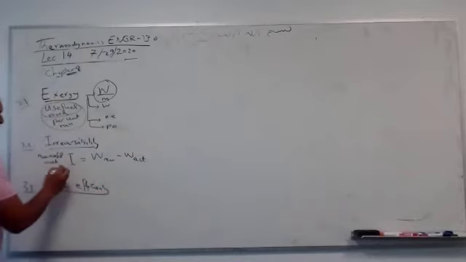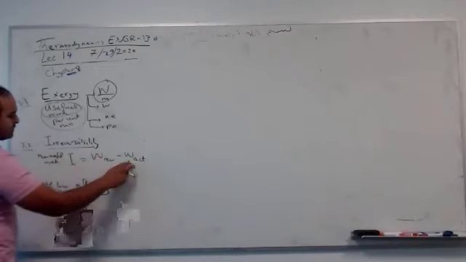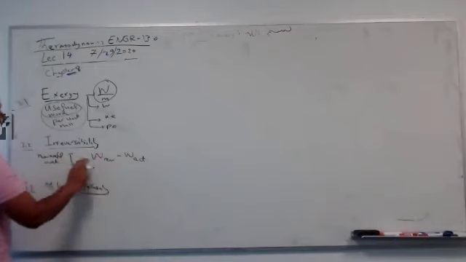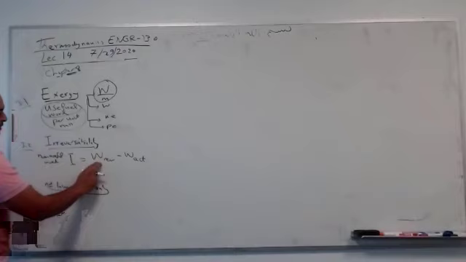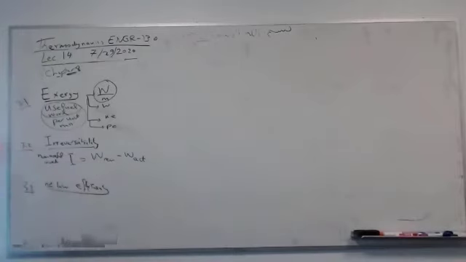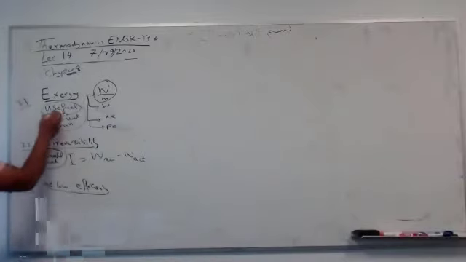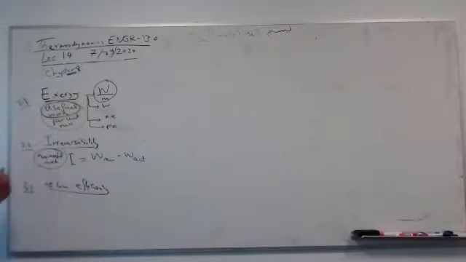Turbine is opposite because you pay, you get less. This is you pay more. So W reversible minus W actual. Okay, guys? So this is a measurement of non-useful work. This is useful work. Non-useful work is called irreversibility. How bad your system is.